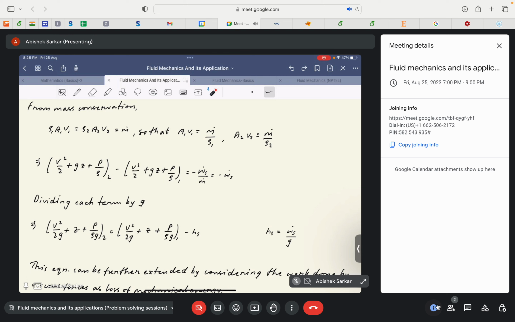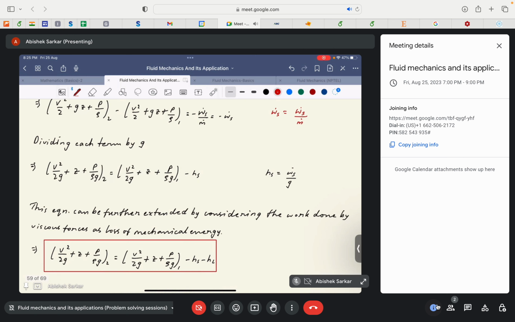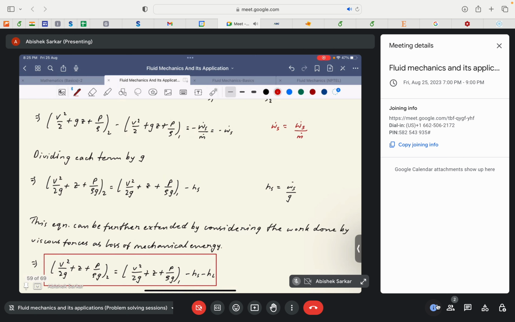Okay, so we can just take it as small w dot s, which is basically the net shaft work or net external work per unit mass flow rate. Okay, so this equation is again completely valid.